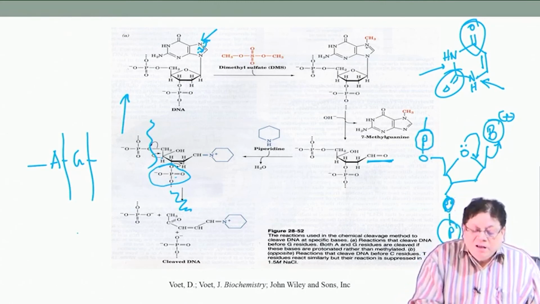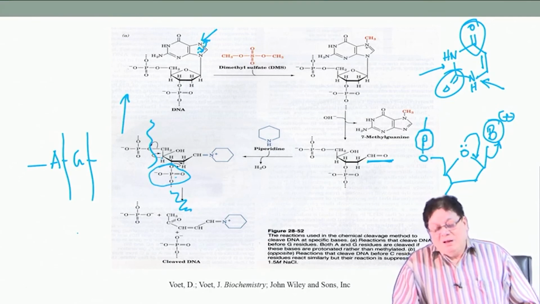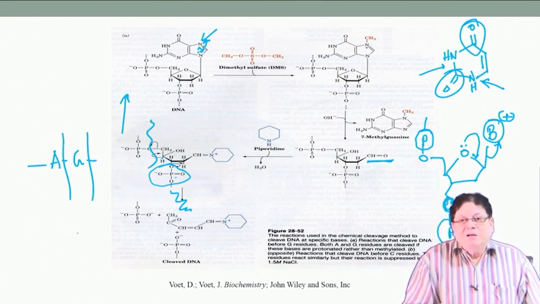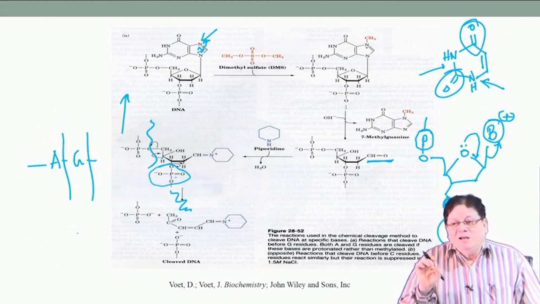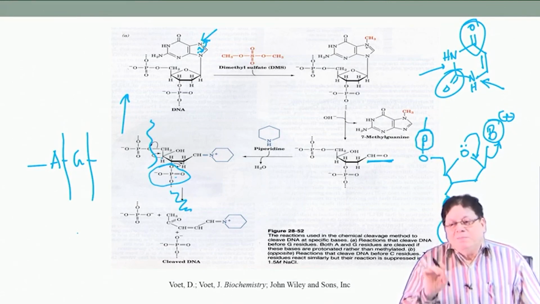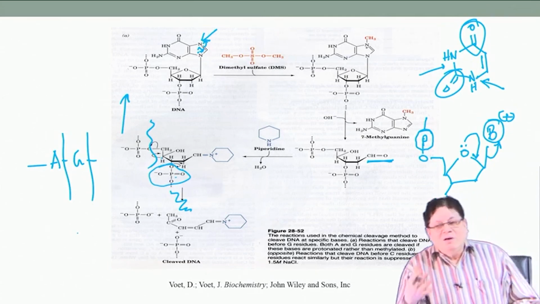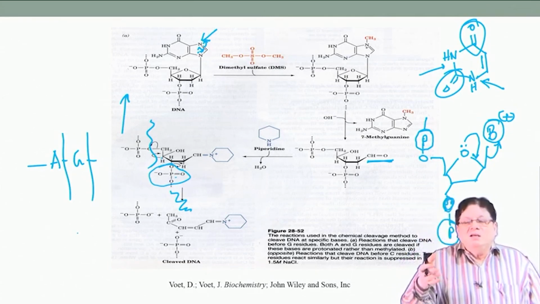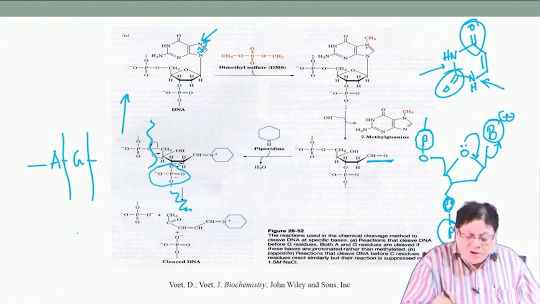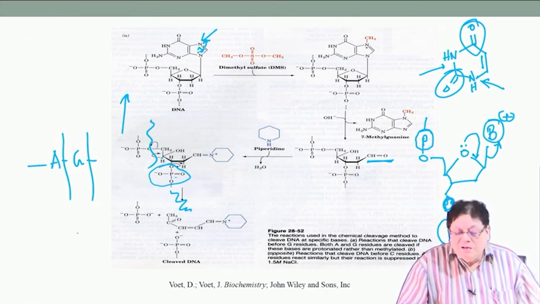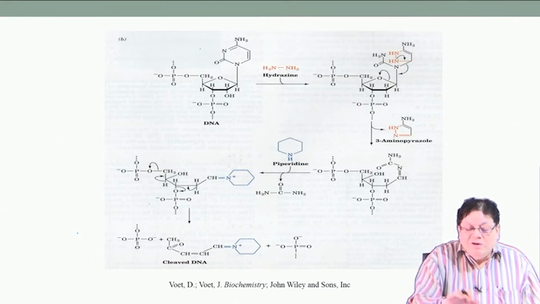And by carefully adjusting the conditions, they successfully developed a condition where only G is affected and A plus G is affected. They knew that they did not need an only-A specific reaction; what they need is A plus G and G, and that will give you the information. They were clever enough to do that, and then C plus T and C. So, that is one mechanism, and the other mechanism is hydrazine.